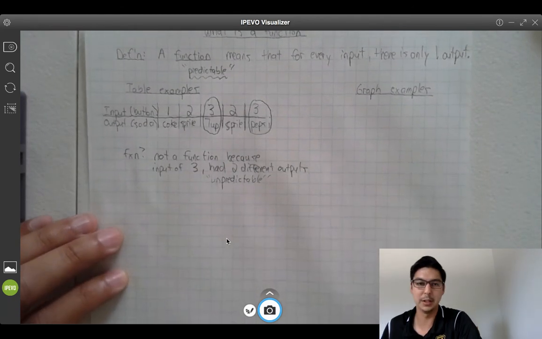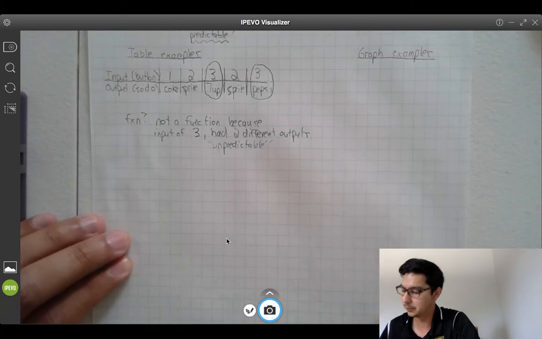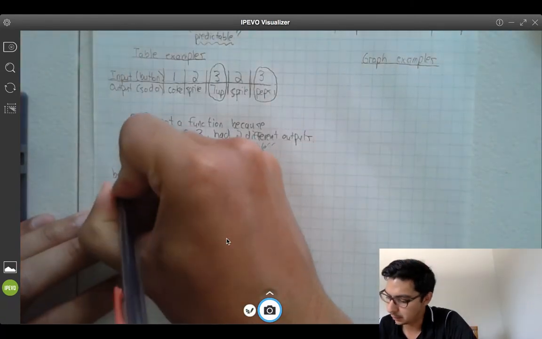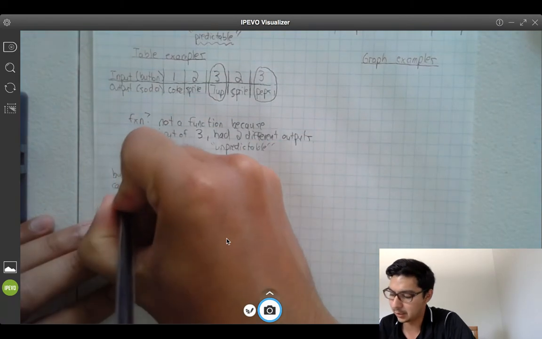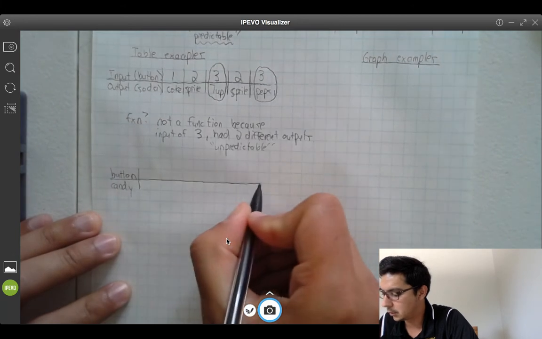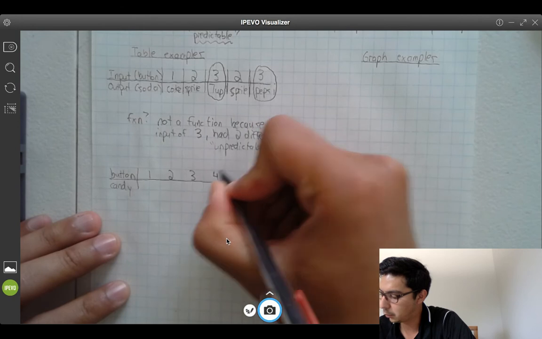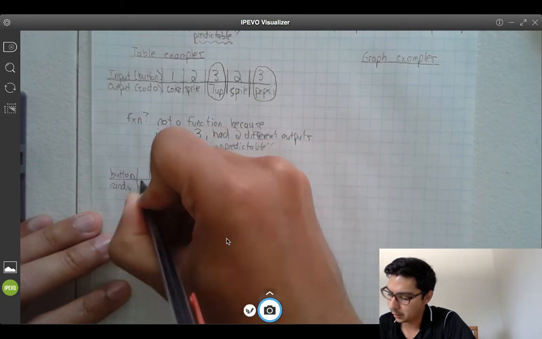All right. Let's look at maybe 2 more examples. We'll do 3 total. So this is the first example. Let's do another function. We'll say button, and we'll do the candy this time because I think there's another problem in your work that's like this. So let's do button 1, 2, 3, 4, 5. There's 5 buttons. You get Twix.